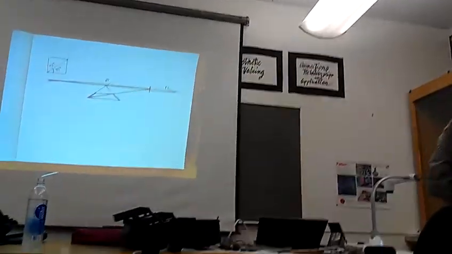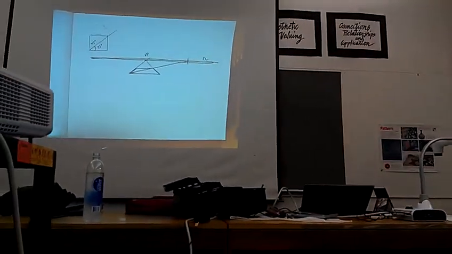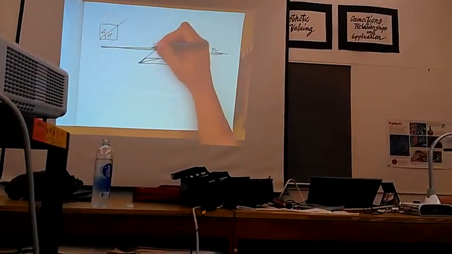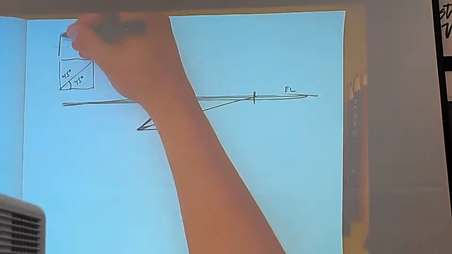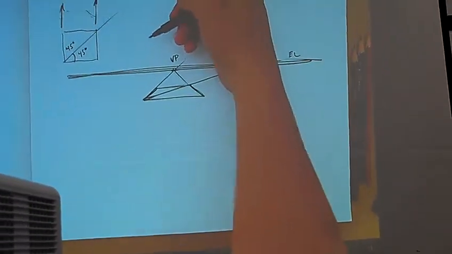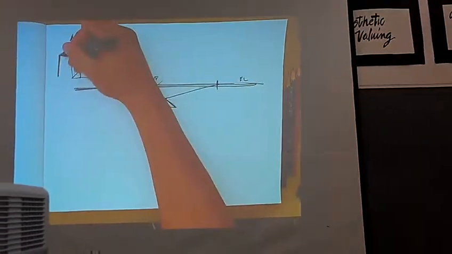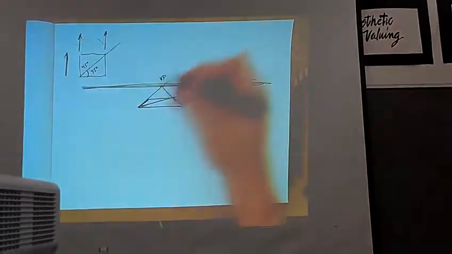So, you guys, this vanishing point here is for any line that's going at that angle. So if I wanted to draw another line here, and I made it parallel to the side, it would look like this.